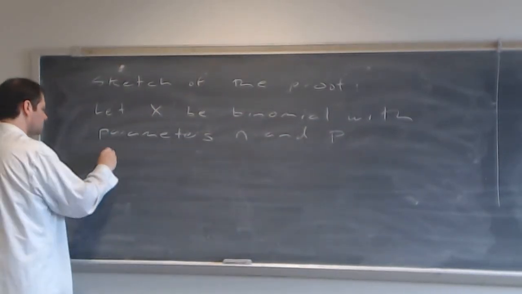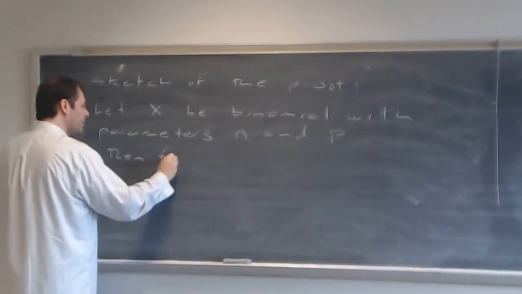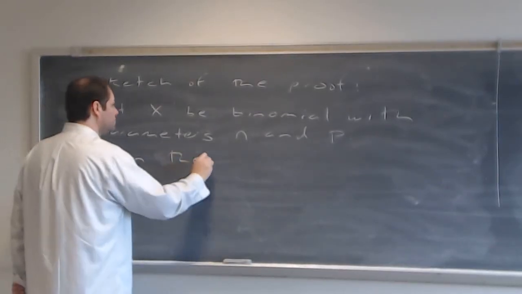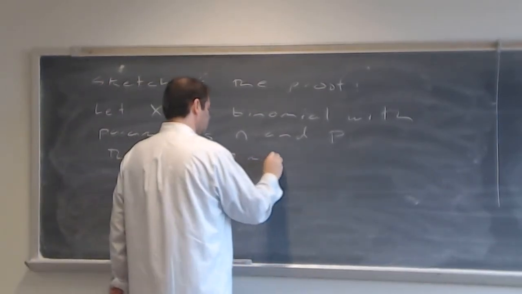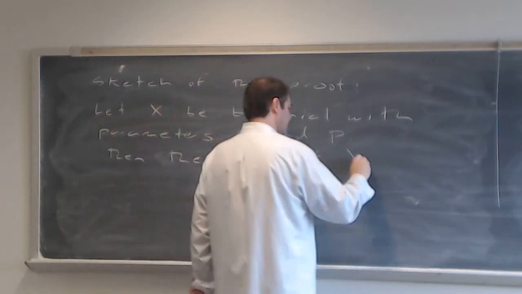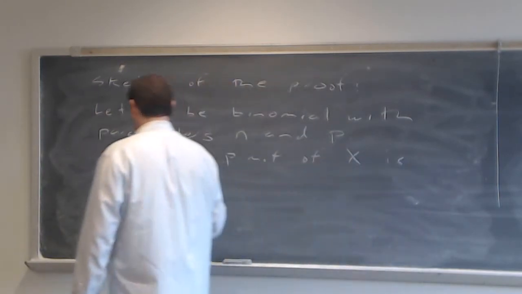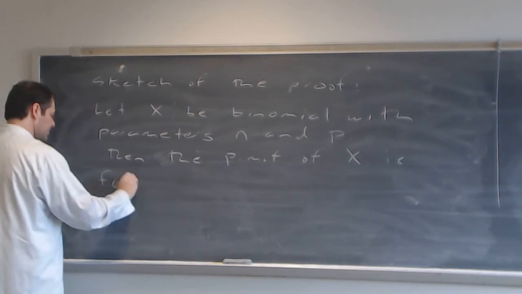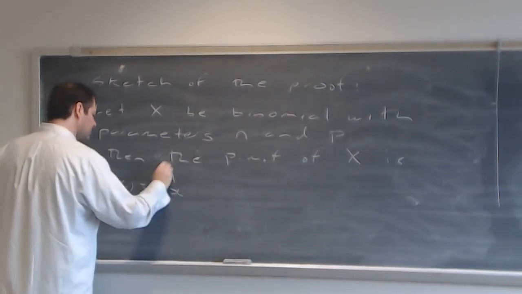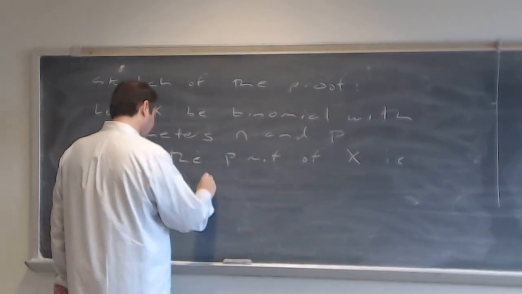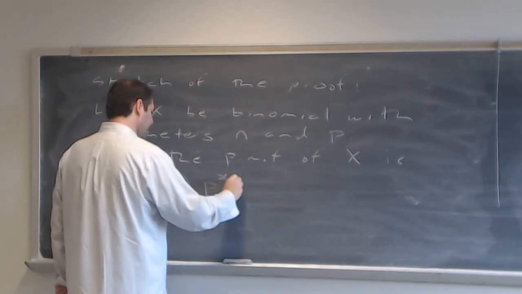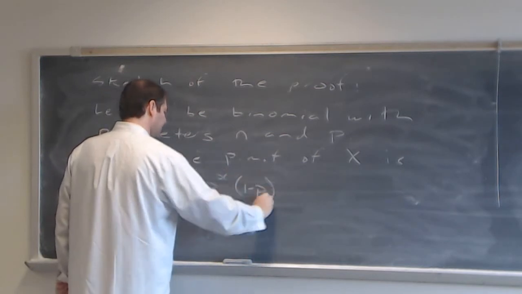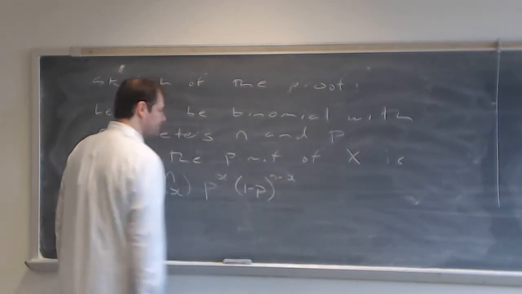Then the PMF of x is, let's remember for binomial, f of x is n choose x, p to the x and then 1 minus p to the n minus x.